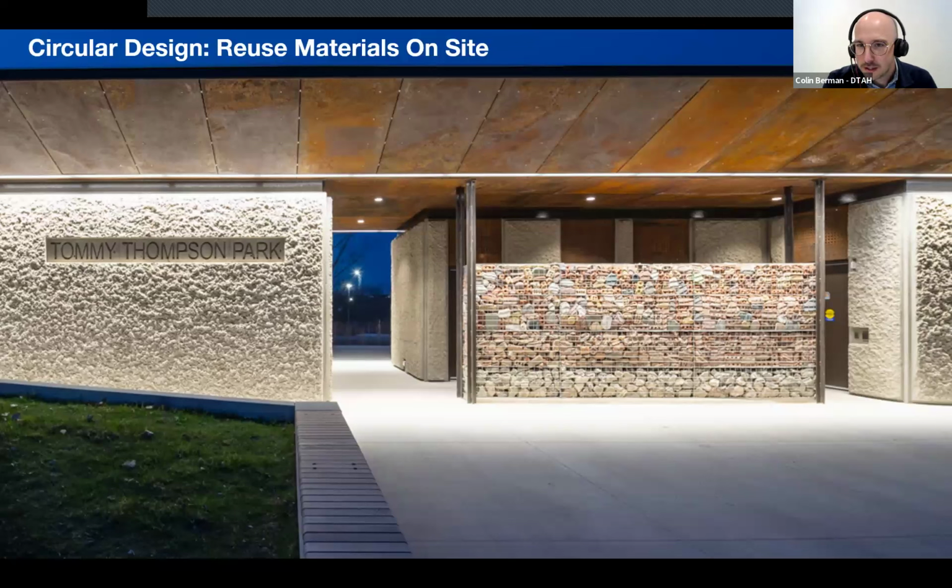Building on Juliette's ideas, we also know that a circular approach to design by reusing materials on site offers huge carbon benefits. However, it also comes with some design challenges. One of the biggest hurdles is the lack of control over these materials. Since reused materials often come from various sources, consistency is difficult to achieve.